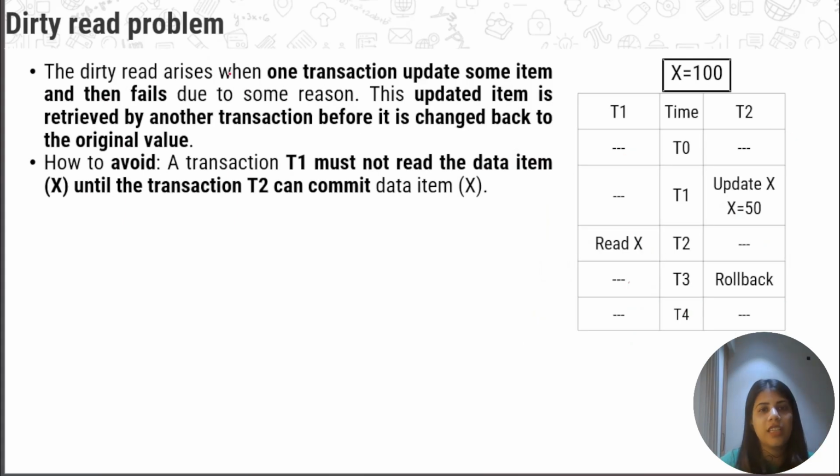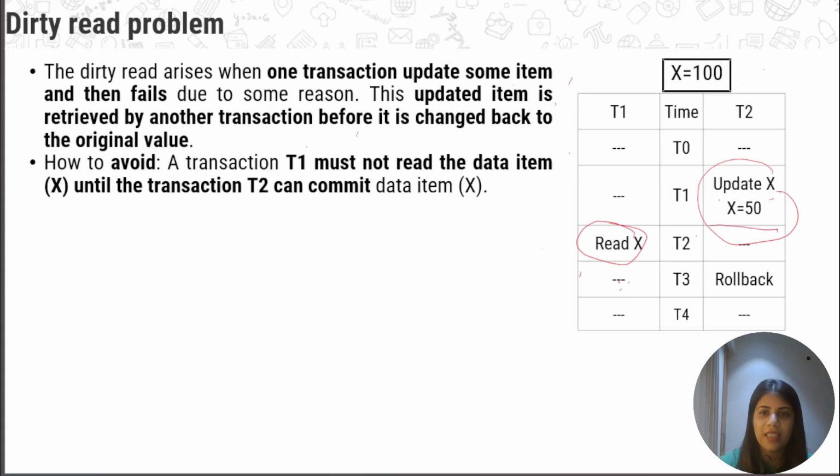Second is the dirty read problem. Let's say X's value is 100. The dirty read arises when one transaction updates some item and then fails due to some reason. This updated item is retrieved by another transaction before it is changed back to the original value. As we see over here, transaction T1 is reading X. However, the update has happened over here: update X equals 50.